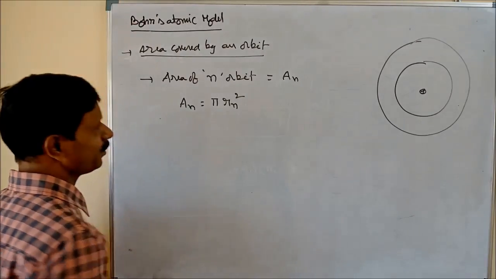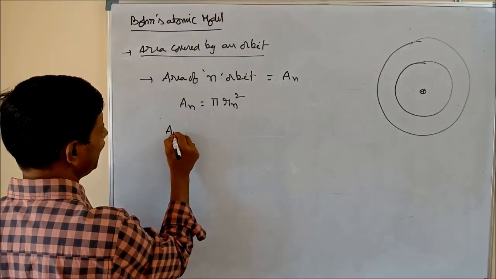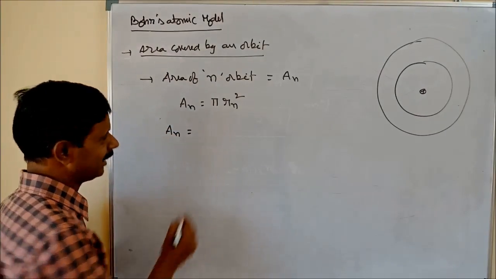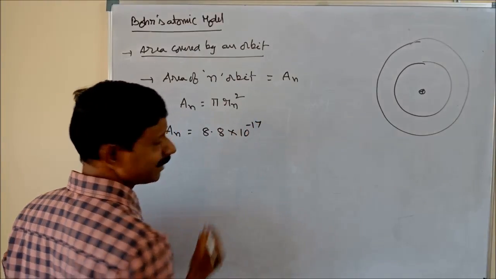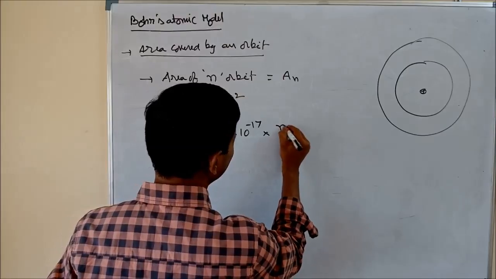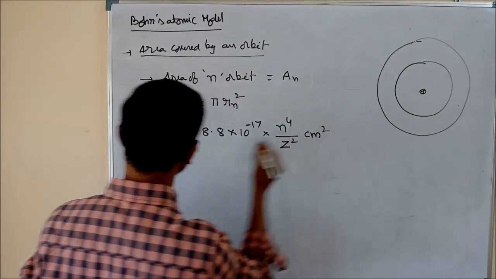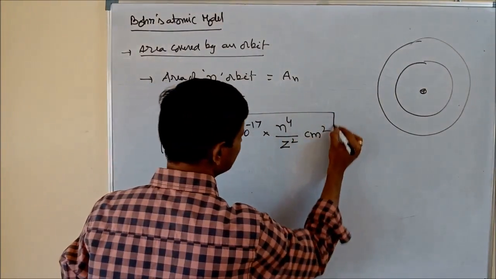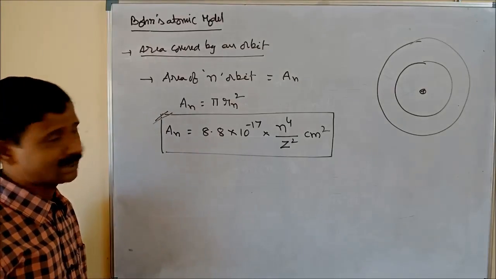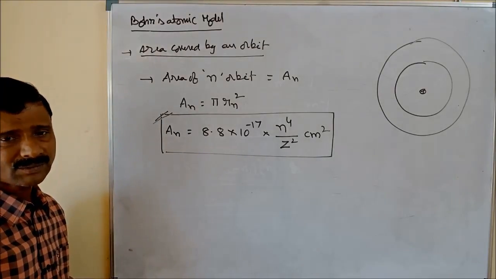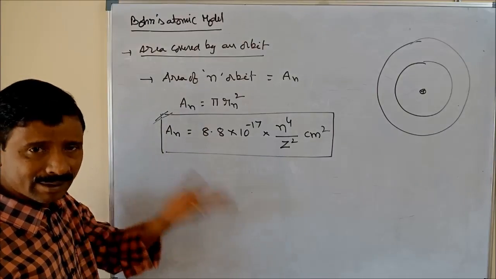Now, if you simplify using the concept of radius, for any orbit the area of the nth orbit is 8.8 into 10 power minus 17 into n power 4 by Z square centimeter square. This is the general formula, which you get in the CGS system just by simplifying this expression. This is the formula to find the area of a given orbit in a given atom.